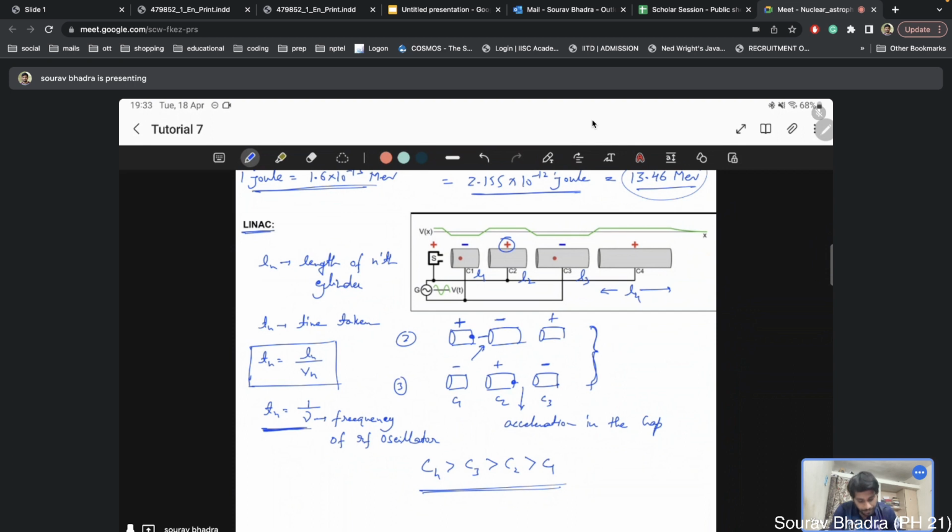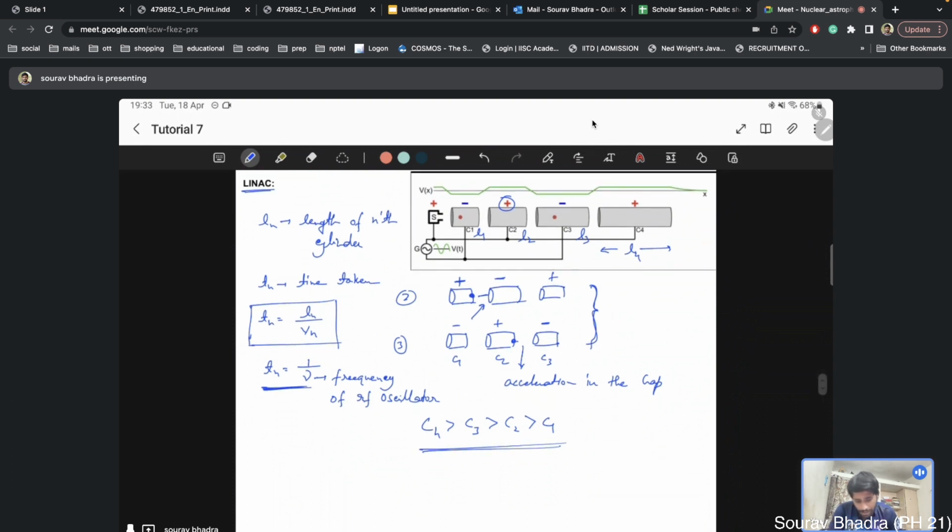Okay, and suppose that we have given some voltage difference V. So every gap will give QV amount of energy to that ion. And if there are n gaps, the energy gained by the particle will be nQV, the total energy, because n is the number of cylinders and QV is the energy gain in each gap.